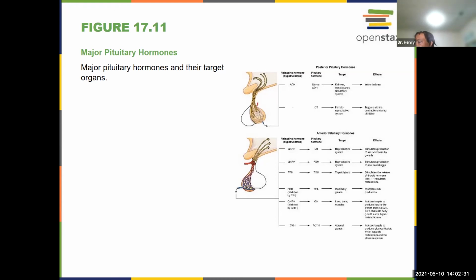And then the effect is going to be water balance.